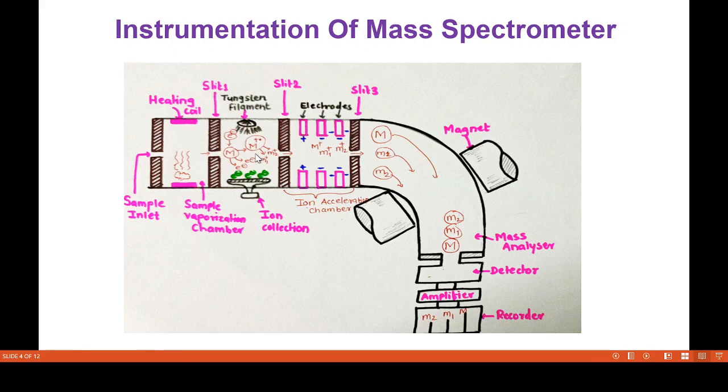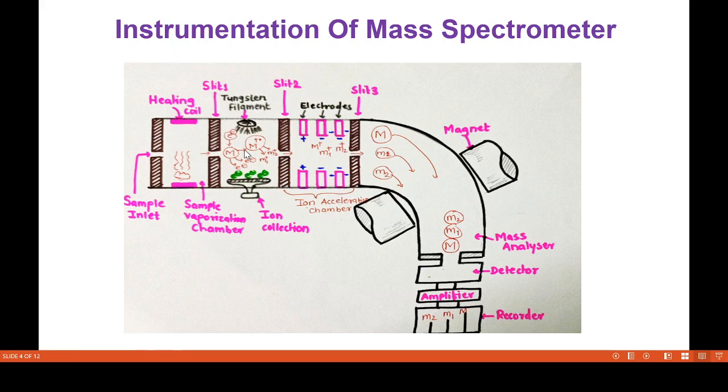This ionization chamber we have seen in the previous lecture also. Here the tungsten filament lamp is there. It produces electrons with potential 17 electron volt. So these electrons are bombarded on the gaseous sample, that is M. These electrons remove an electron from this gaseous sample and convert M into the molecular ion, that is M plus in radical form.